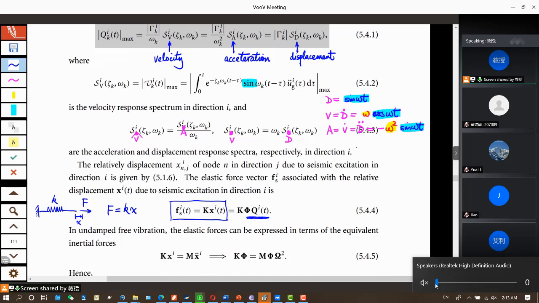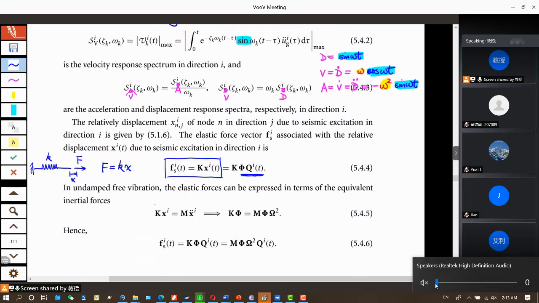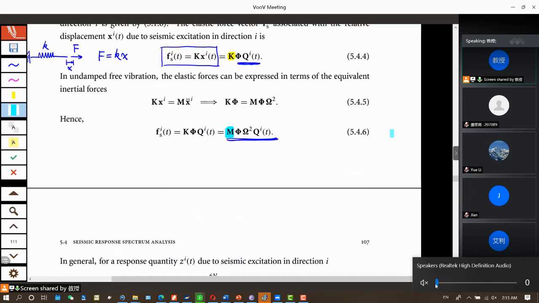Now in general, we find the maximum modal response. We want to find the maximum of something.